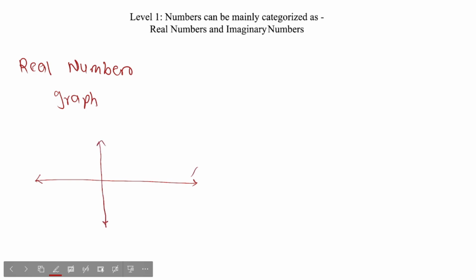The horizontal axis we always name x, and this is y. On the real number system, let us consider this is the origin. On the real number graph, we have all the real values. The horizontal axis is representing the real values and the vertical axis is also representing the real values.